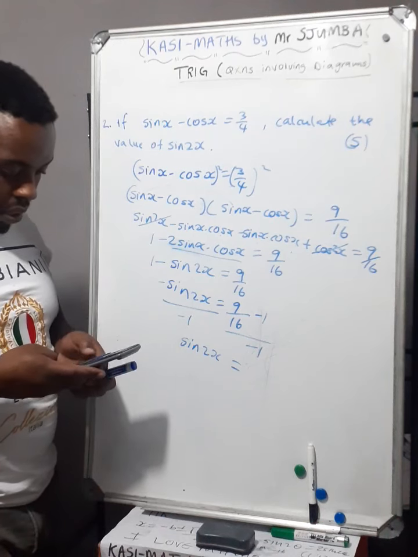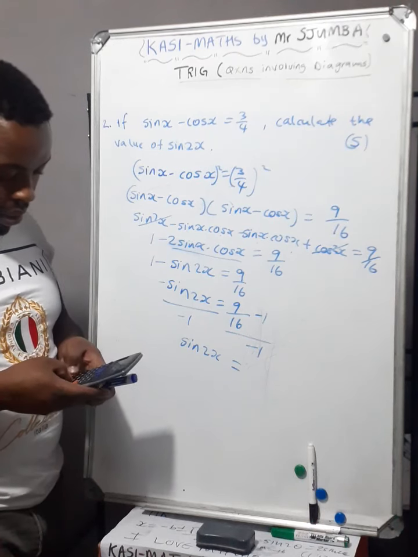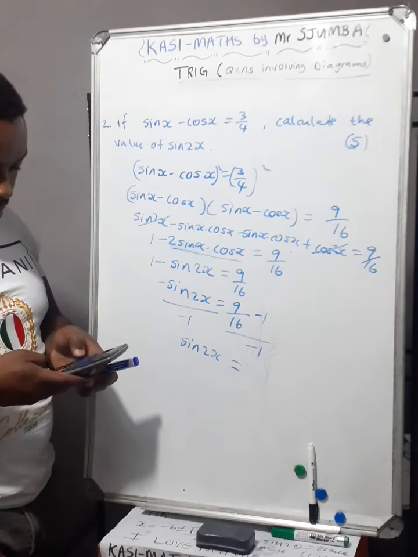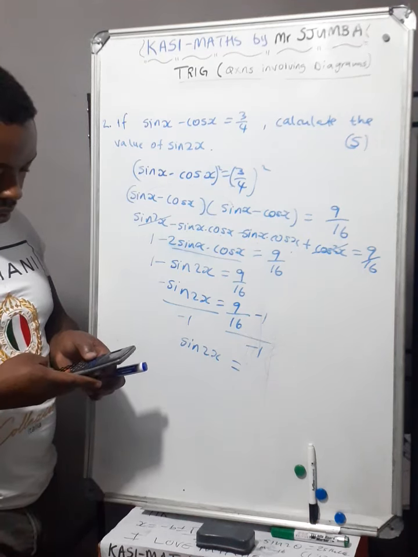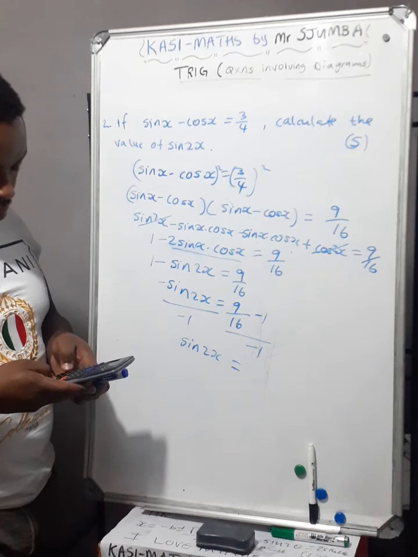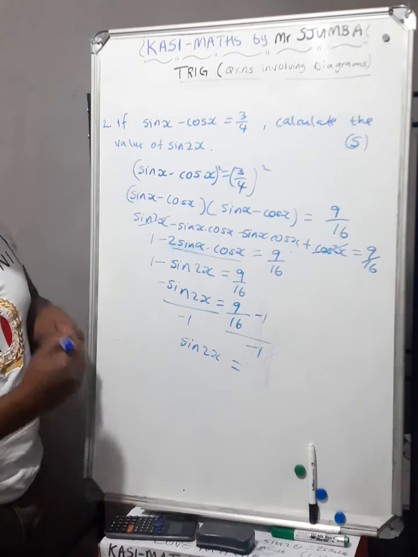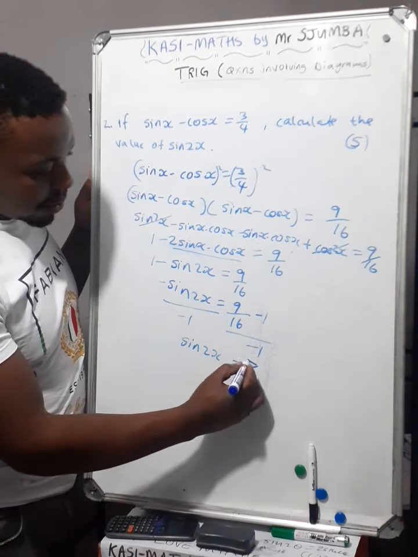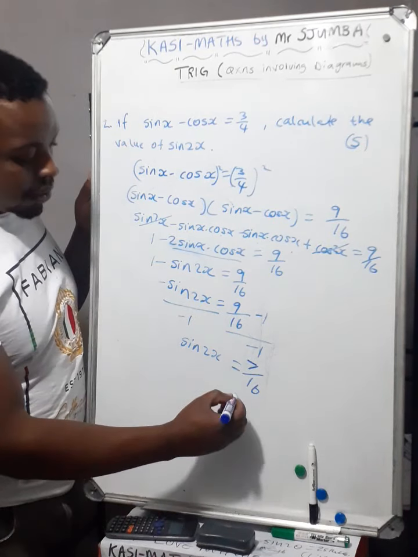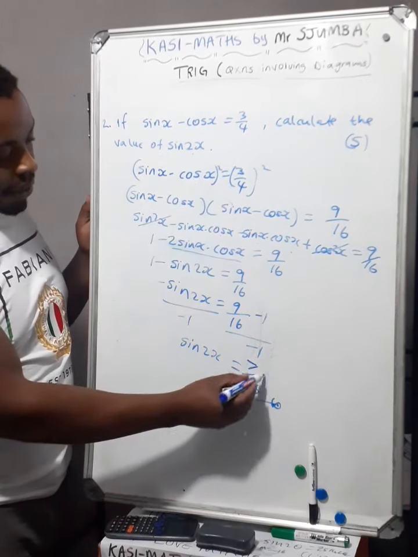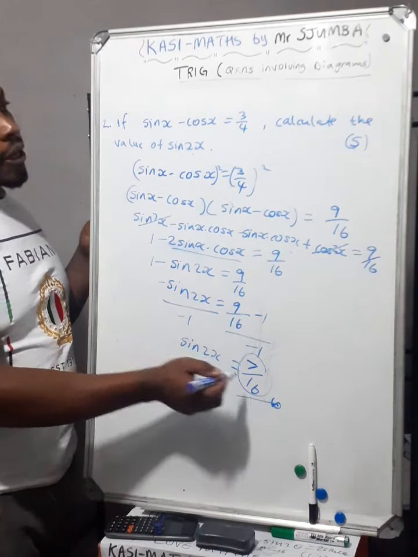So la it's a 9 over 16 minus 1 equals to divide by negative 1. It's 7 over 16. It's 7 over 16. So if you look at sine 2x, it's 7 over 16.